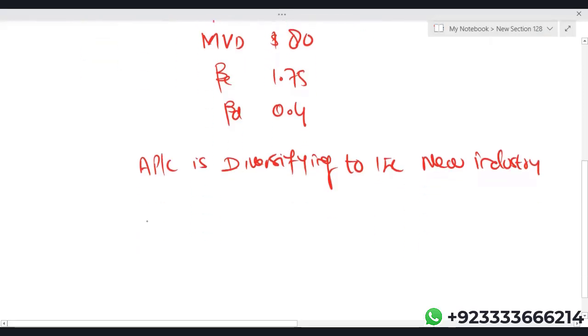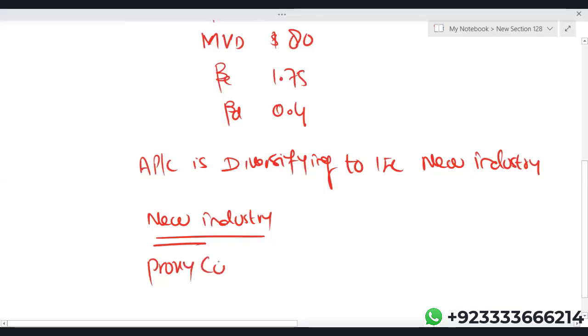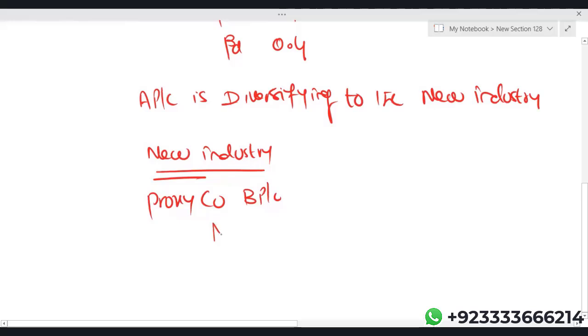Let's say in the new industry the proxy company is BPLC. BPLC's market value of equity is, assuming, 250 million, and market value of debt 125 million.